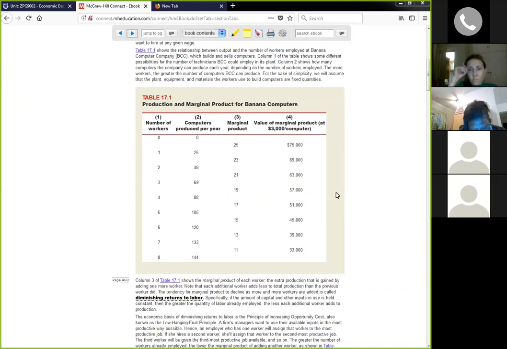Because the fifth laborer produces 17 computers, and you sell that at 3,000, 17 times 3 is 51,000. I will not employ a 6th laborer, because the 6th laborer will only give me 45,000, but the salary is 51,000.